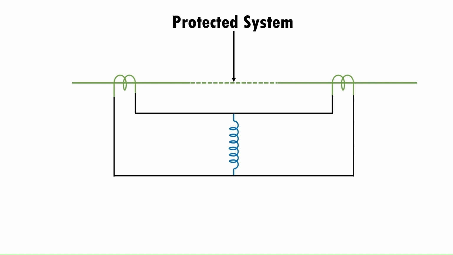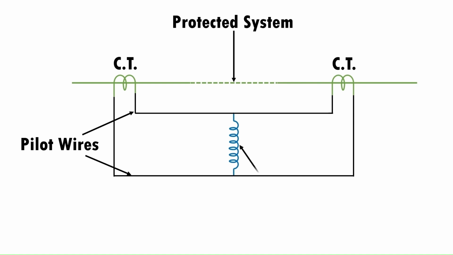The current transformer is placed at both ends of the protection zone. The secondaries of the current transformers are connected in series with the help of pilot wires. Thereby, the currents induced in the CTs flow in the same direction. The operating coil of the relay is connected on the secondary side of the CTs.